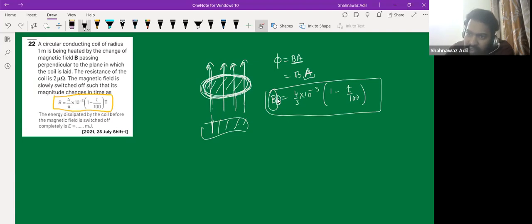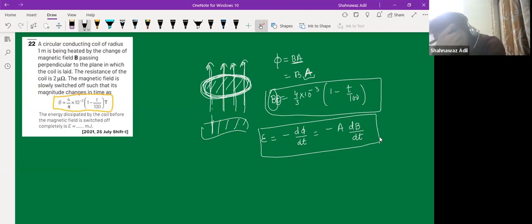So this is changing, and area is not. So the EMF generated is minus d phi by dt. We know that area is fixed, so this is only minus A dB by dt. This is your EMF, right?